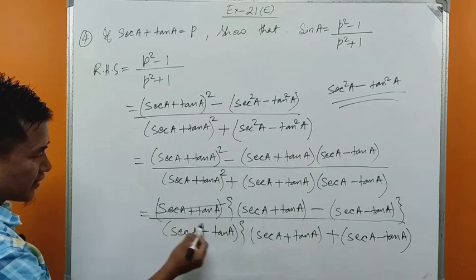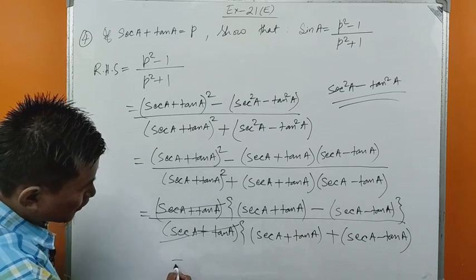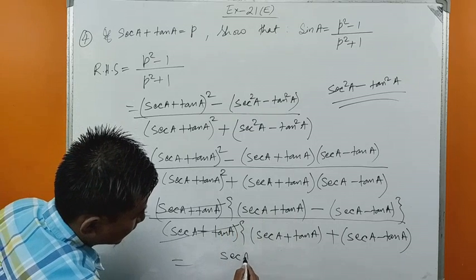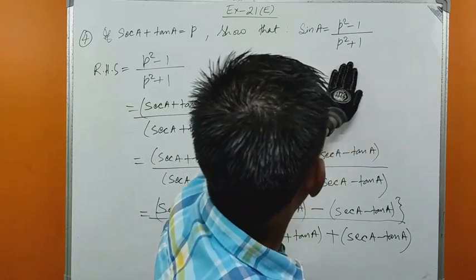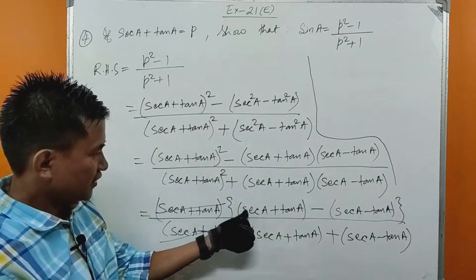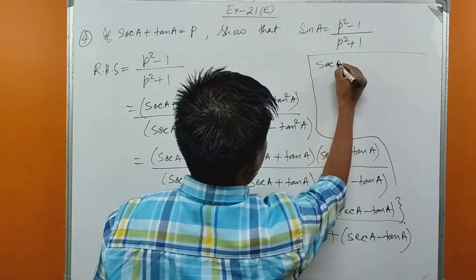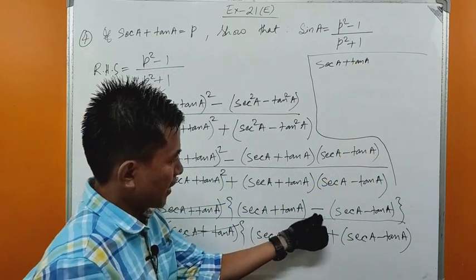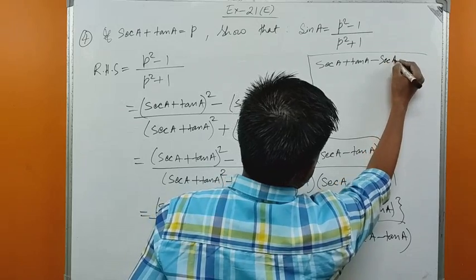This sec A plus tan A from the numerator and denominator can be cancelled, isn't it? So we have sec A plus tan A here, minus into plus, minus sec A, isn't it?